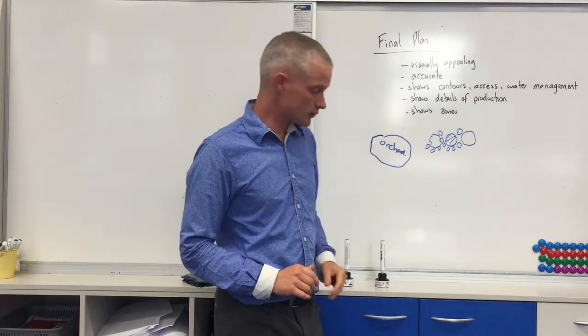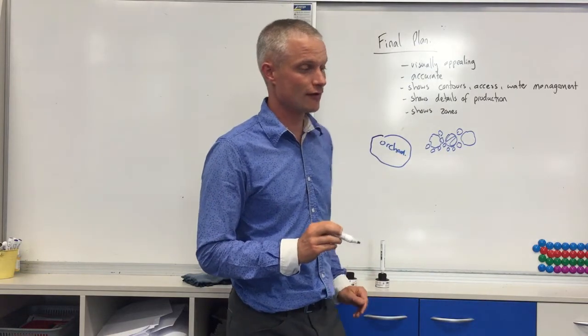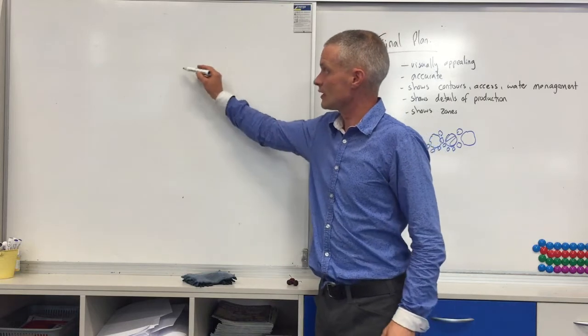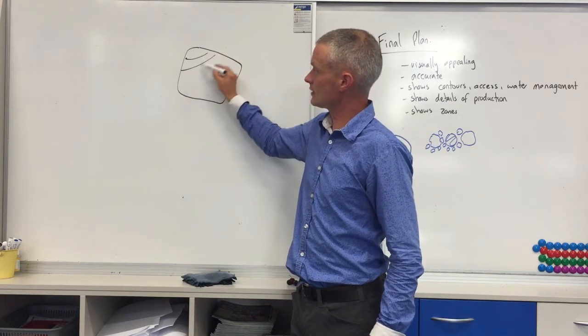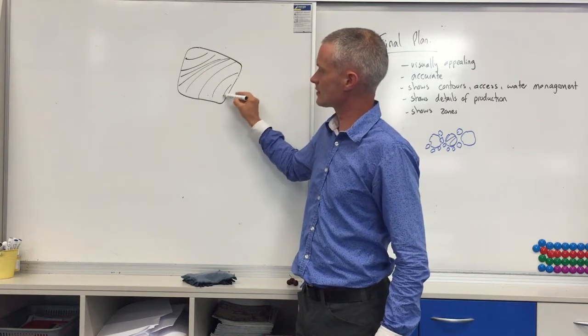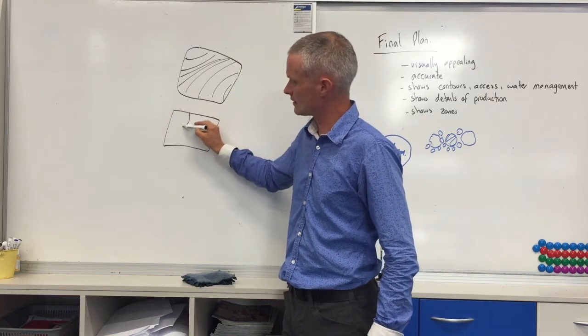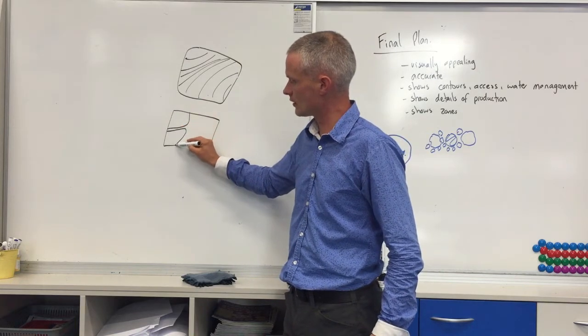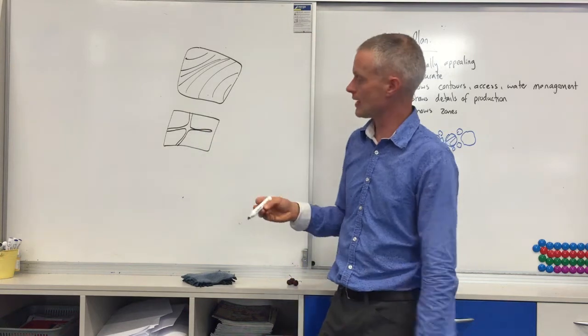Also to show zones, a good way to do this is often with layers. So you could have a layer which is just the topography of a site, so it's indicating where the areas of steepness are on a site. And then you may have another one which is just the access through the site, so showing the pathways and the roading access.